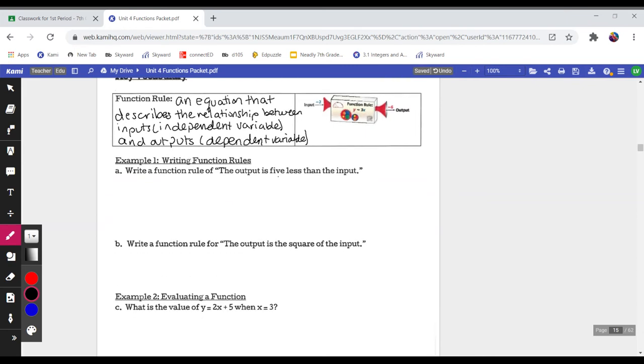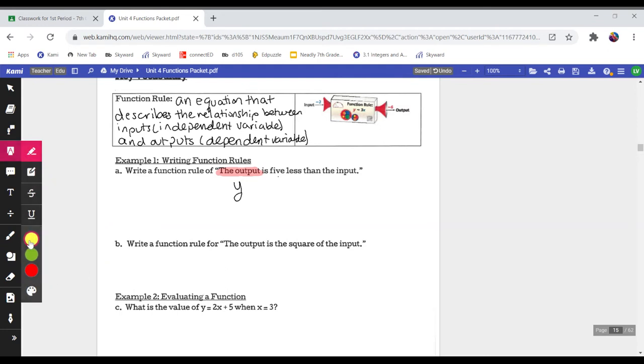So example 1, writing function rules. Letter A asks, write a function rule if the output is 5 less than the input. So we're going to break this up. The output represents y.